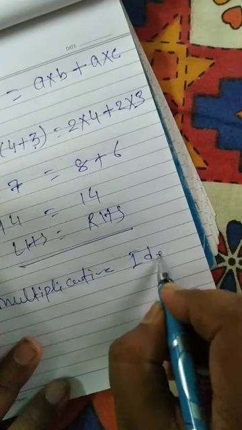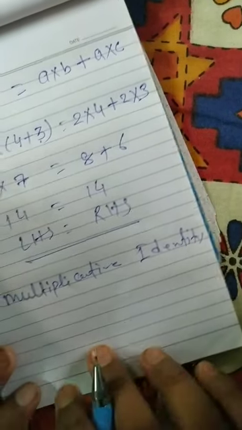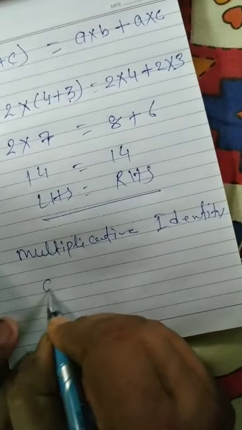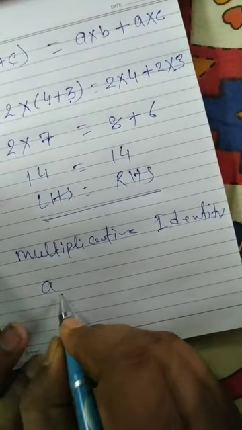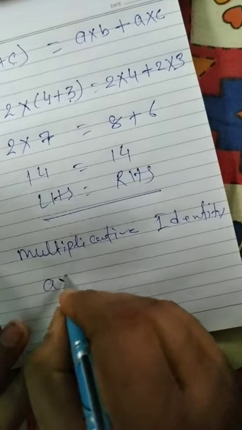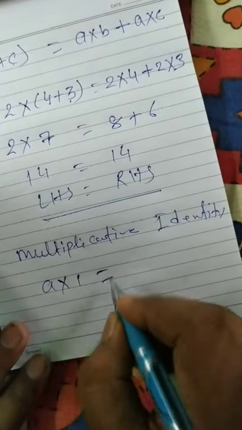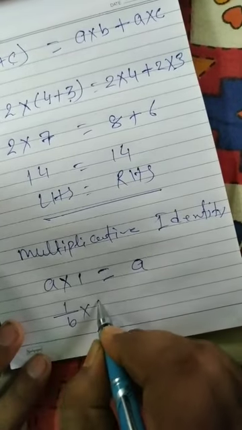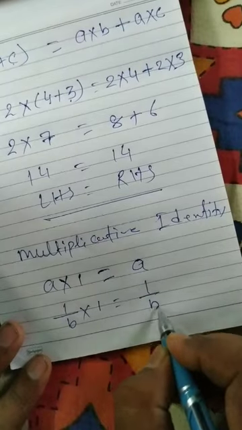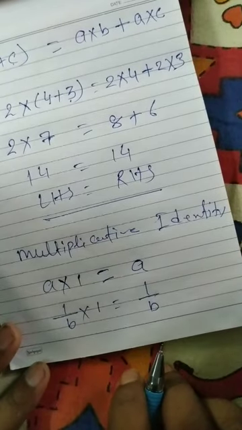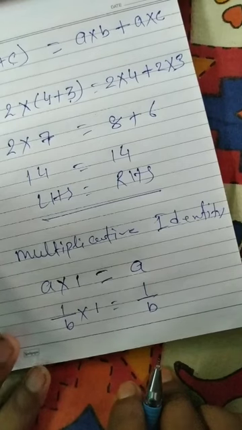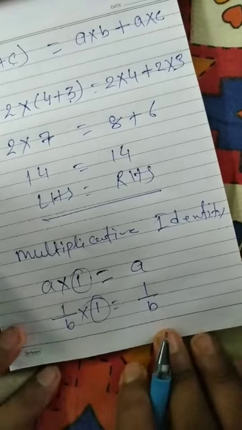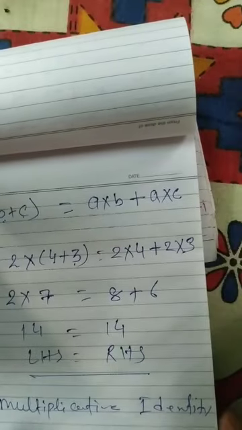That means if a is an integer, when multiplied by 1, it gives the same a. 1 by b multiplied by 1 gives 1 by b. So 1 is called the multiplicative identity. Any problem? Okay.